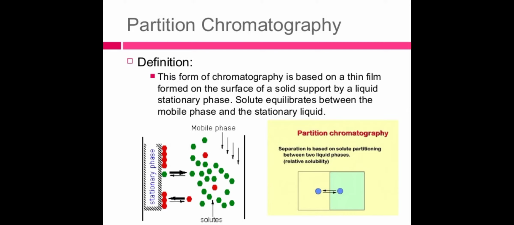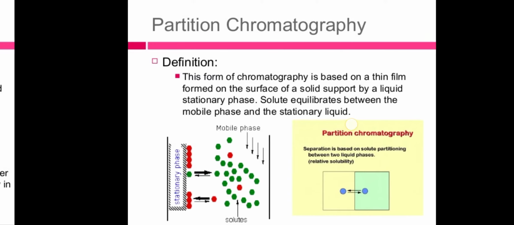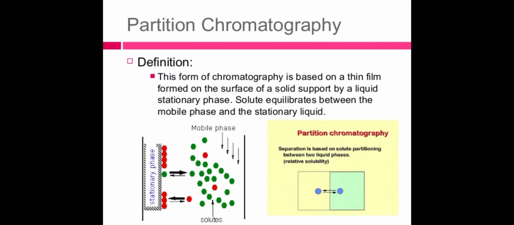So the solid acts only as the support. The separation is done by the liquid stationary phase, which takes the support of the solid. The solute equilibrates between the mobile phase and the stationary phase.